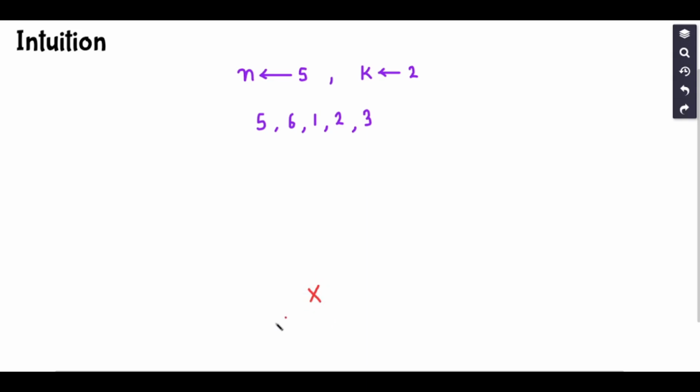For that we must have a range for this answer. Now since x is the answer, we can collect x mushrooms. We can always collect x minus 1 mushrooms, x minus 2 mushrooms, and so on. We can always collect 0 mushrooms.